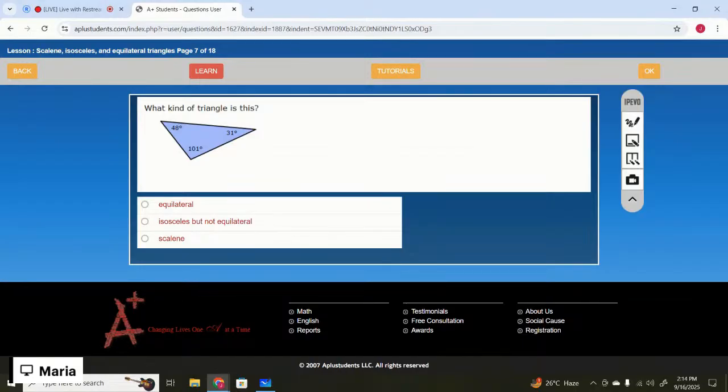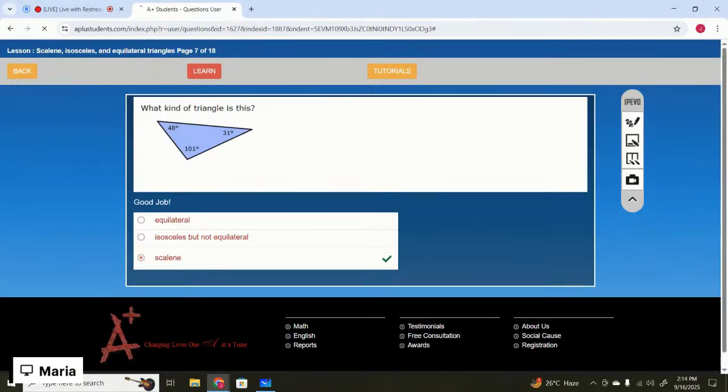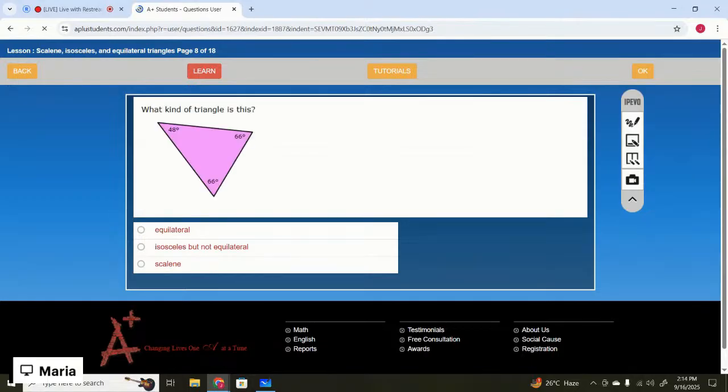Yes, scalene it is, right? Because all the angles are different in measurement, so scalene triangle it is. What kind of triangle is this? Equilateral, isosceles, scalene, which is the correct option?